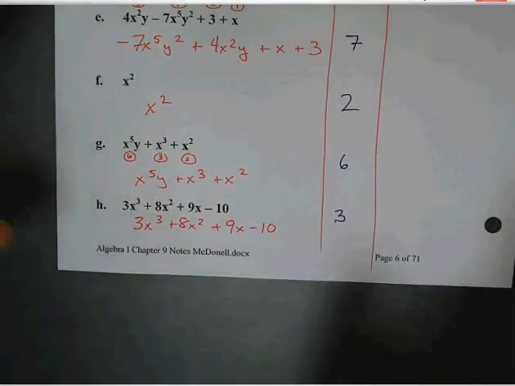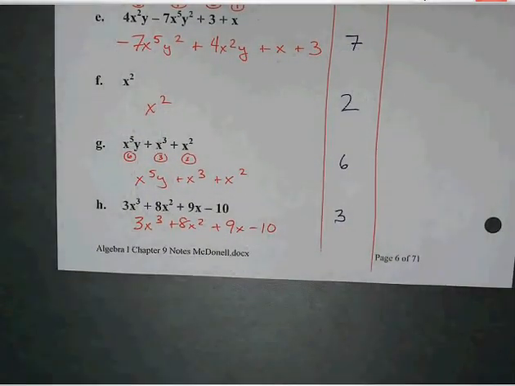Now, I know this seems really straightforward, but I want you to understand the degree of a polynomial. Is that different than the degree of a monomial? Who can put it into words? How are they different? Josh?